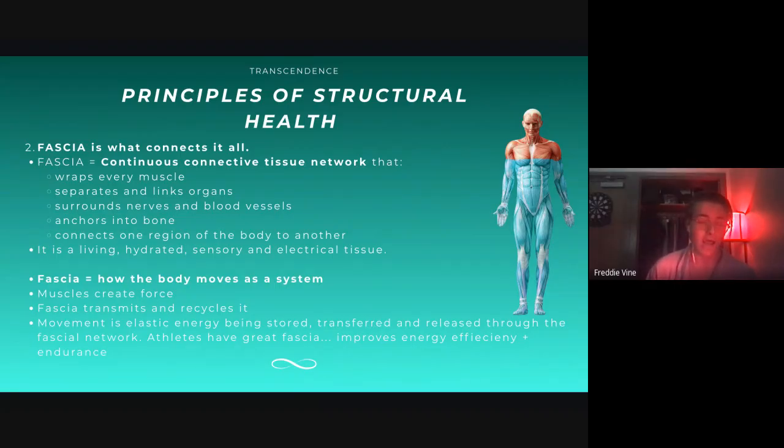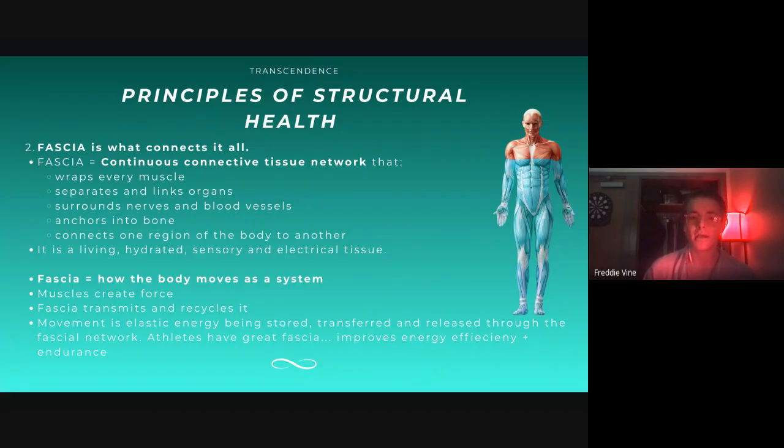An example of this that I find really interesting is athletes. If you look at the world's best sprinters, like Usain Bolt, they all have really good fascia, and you can tell this through a couple of signs in their body, like specific tendons that are really activated when they move, and specific postures, right? When you have good fascia, you move really well, you move very efficiently, right?